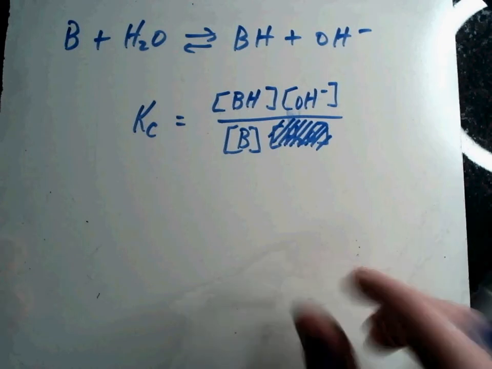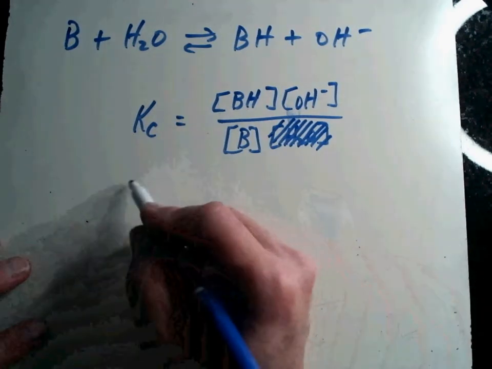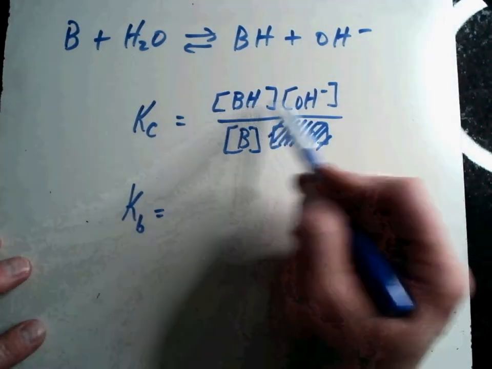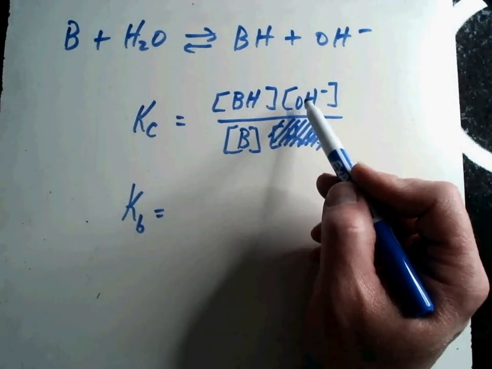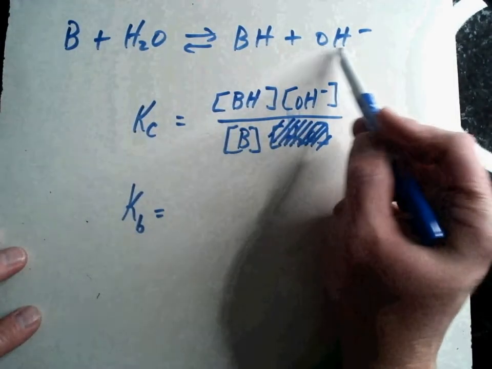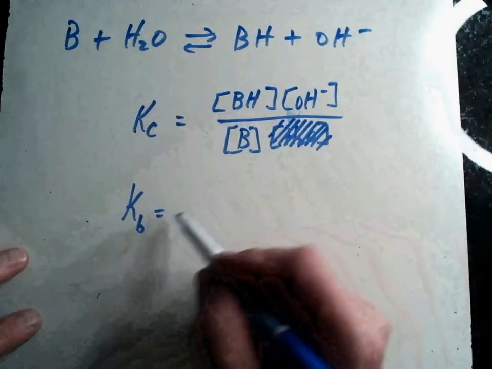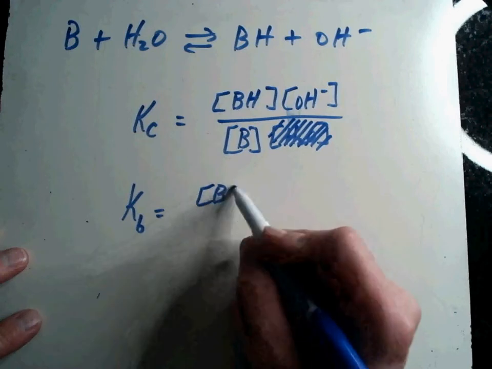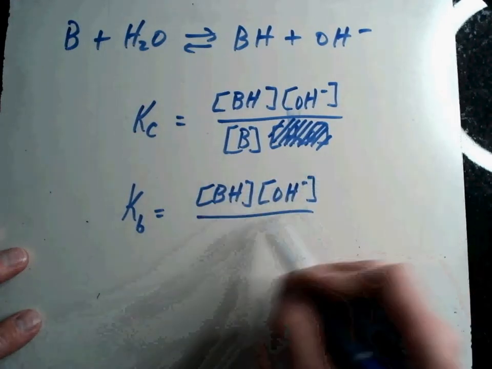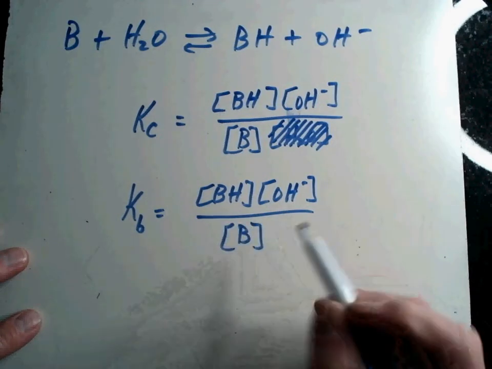Because everything's going to be in water as we go along. So your Kb, now how do I know it's a Kb from a Kc? It's Kb because this is a base. Look, it's making OH, it's acting as a base. Kb is going to be this hydroxide over the concentration of your original base.